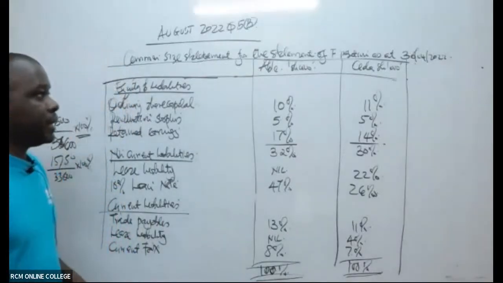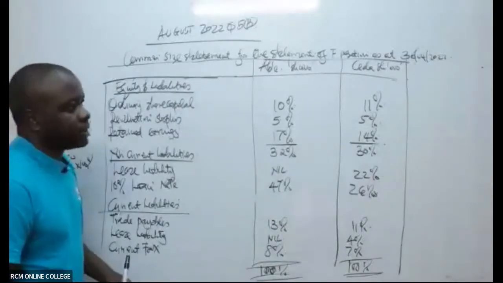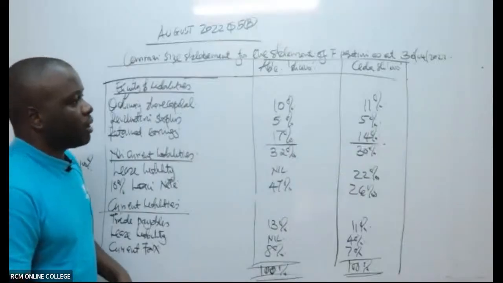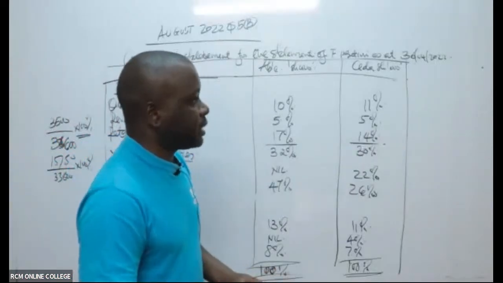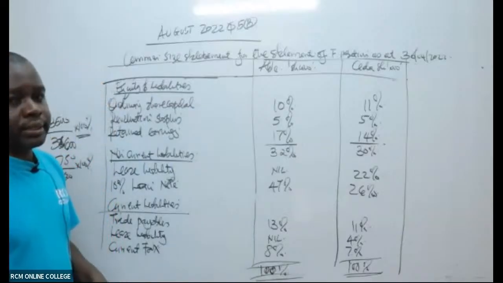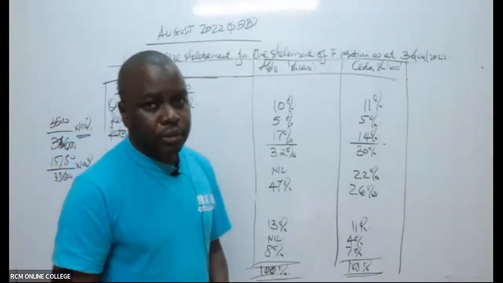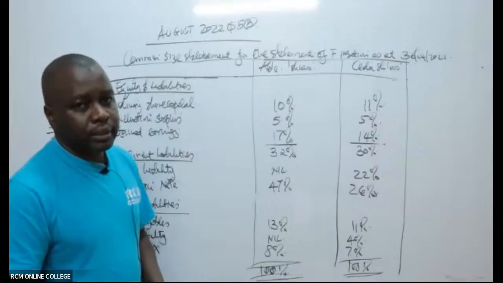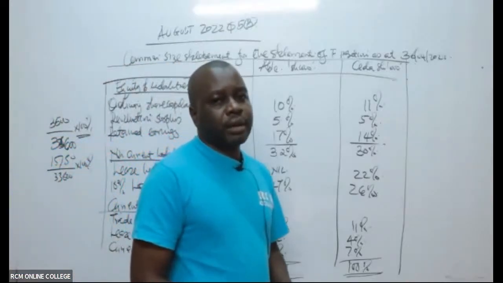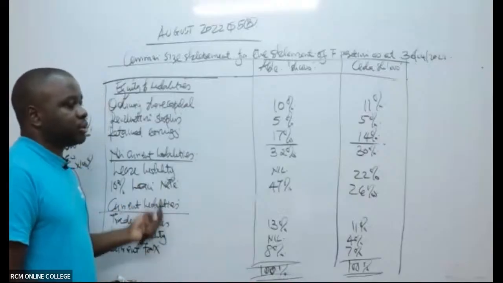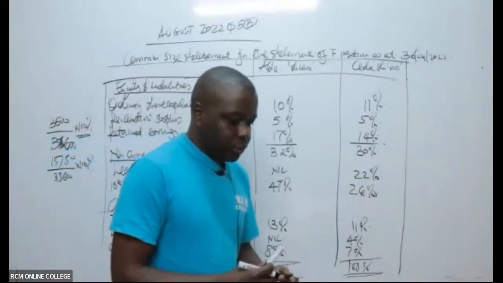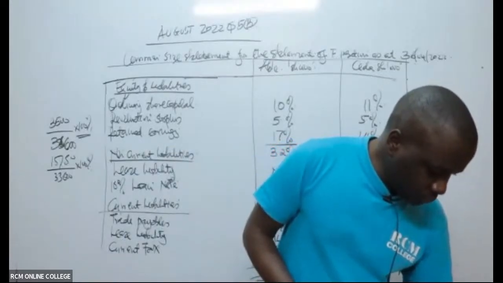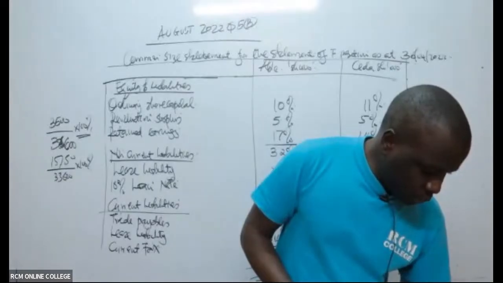So that's why in this case you prepare the common size statement, or the vertical analysis, whereby you convert the items in the financial statements into percentages, using the total sales or total revenue figure as the base in the income statement, and you use the total assets and the total equity and liabilities to convert the items in the statement of financial position.